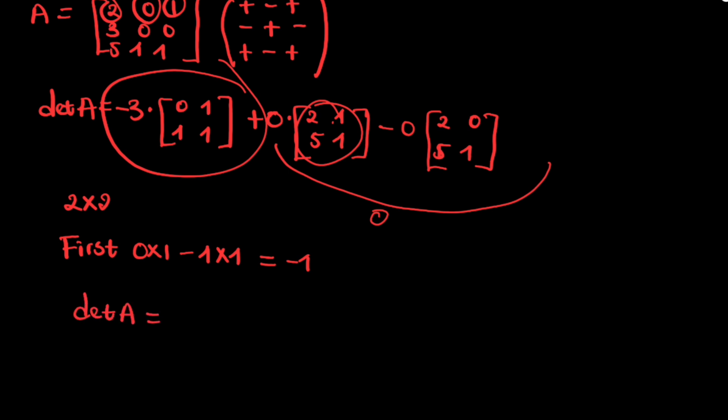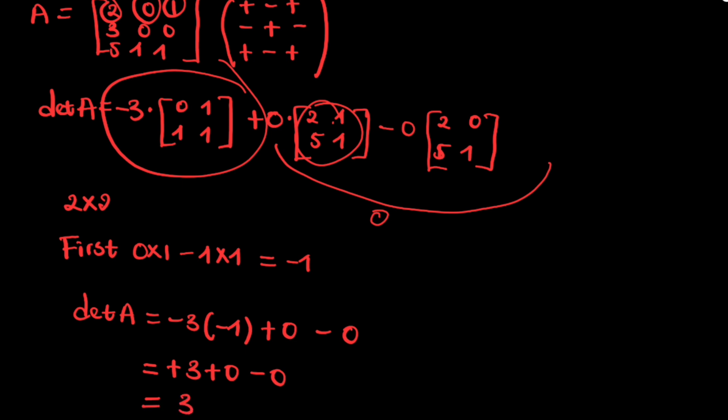So we have determinant of A equal to minus 3 times minus 1 plus 0 minus 0, because all this gives 0. So this is just going to give plus 3 plus 0 minus 0, which is just 3. And that is the determinant of that matrix.